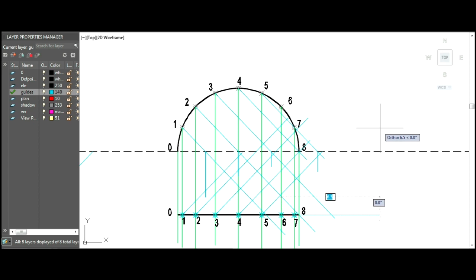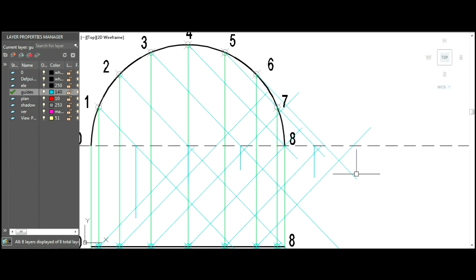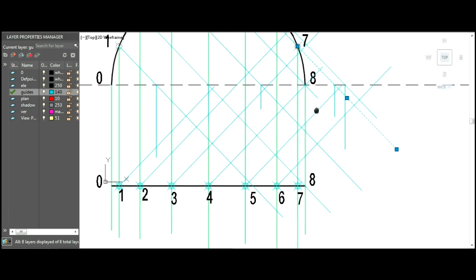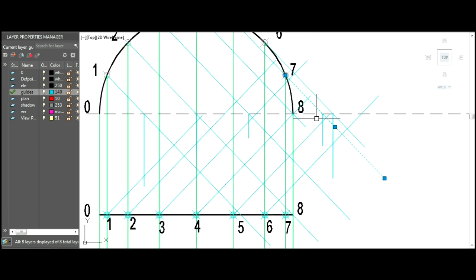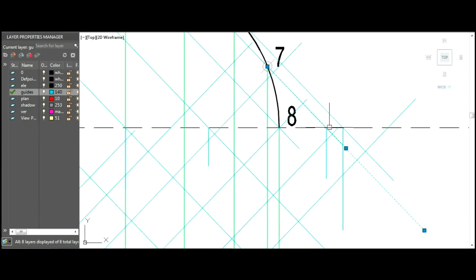So we use point 6, 45, then this line minus 45. So then 6 comes here. Then we draw a light ray from 7, minus 45. Since the light rays coming down from 5 and 7 are overlapping, the point where it intersects this will be the same.